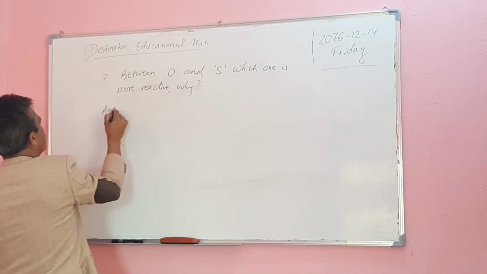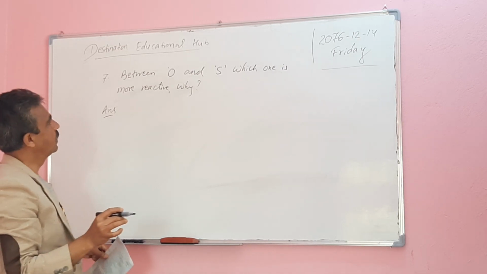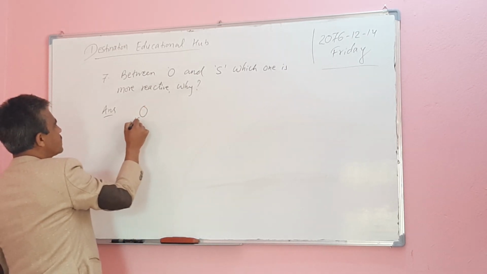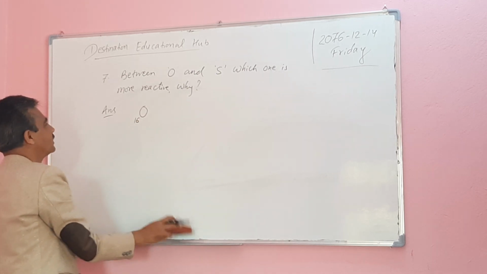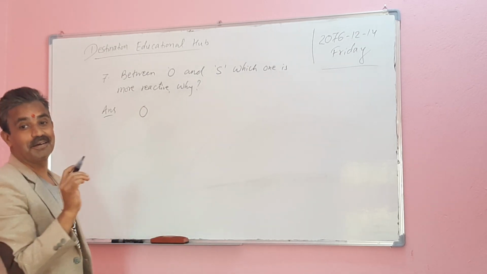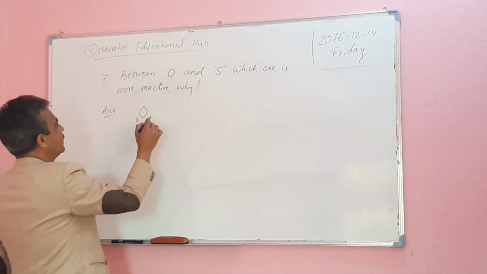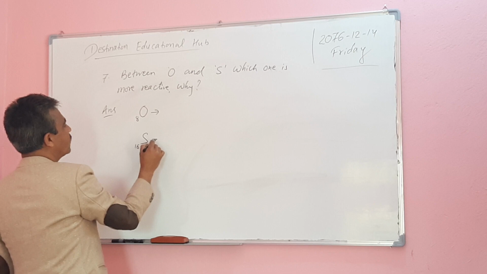First of all, let's write the electronic configuration of oxygen and sulfur. O, right here 16, right? It's wrong. O is not 16. So here is the place for the atomic number. What is the atomic number of oxygen? 8. And S, 16.